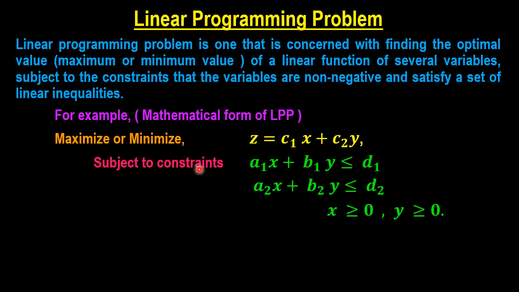Subject to the constraints a1x plus b1y less than or equal to d1 and a2x plus b2y less than or equal to d2. So here there is an inequality symbol less than or equal to, and these variables x and y are non-negative. That means x greater than or equal to 0, also y greater than or equal to 0.